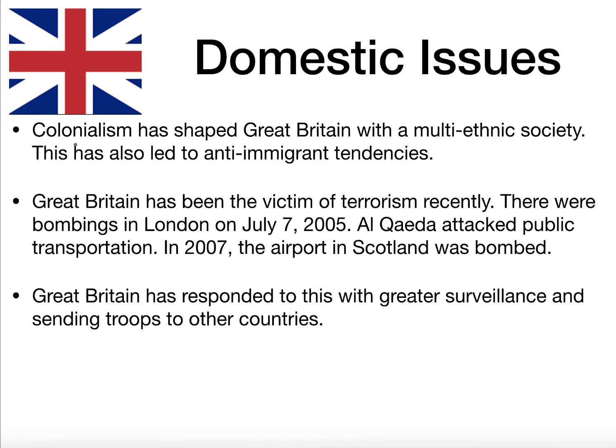Great Britain has a history of conflict, Ireland and Northern Ireland, but I don't know if they'd go that far back for the exam. Great Britain responded to the recent terrorist acts with much greater surveillance on the streets, video cameras, and sending troops, obviously, to other countries to fight.